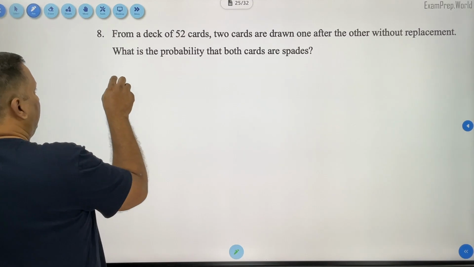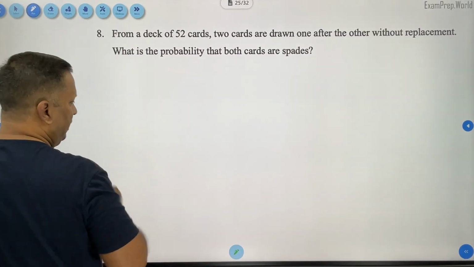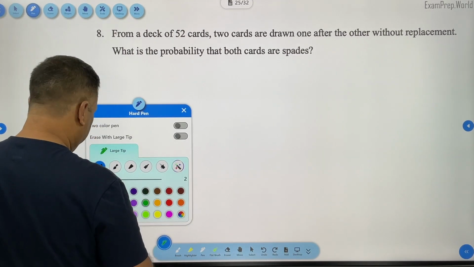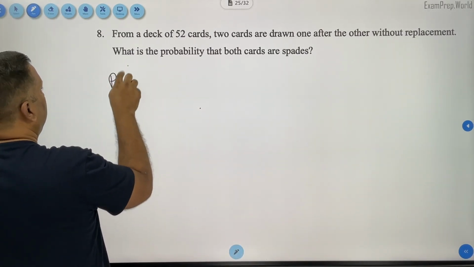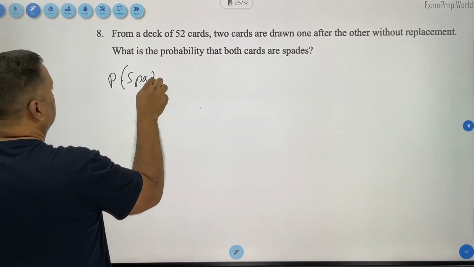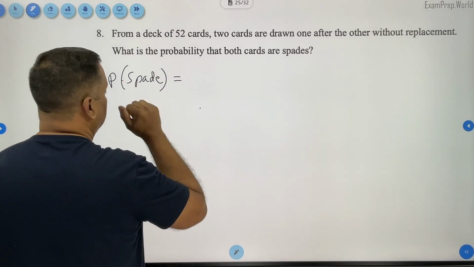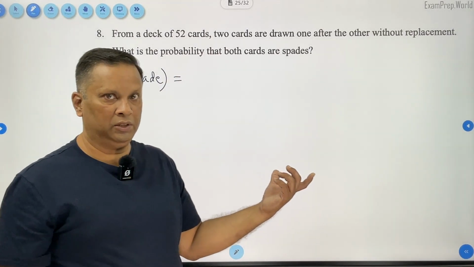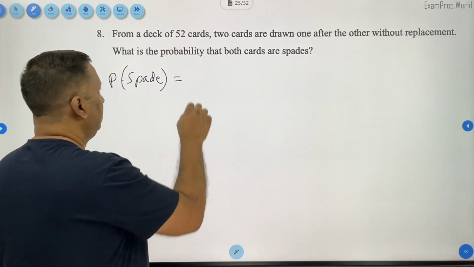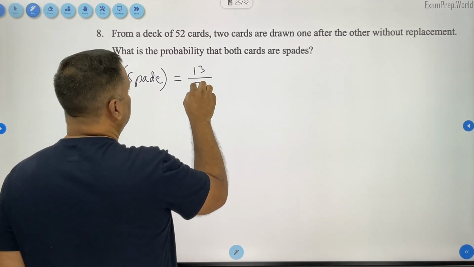So first we are drawing, first event, probability of drawing a spade. How many spades are there? Probability of a spade. 13 cards are there of each type. 13 times 4 is 52. So it will be 13 on 52.